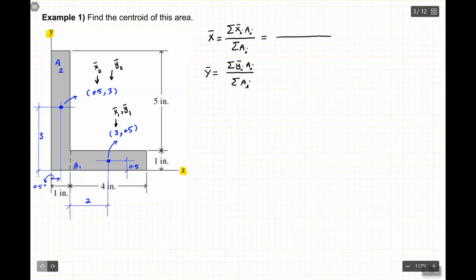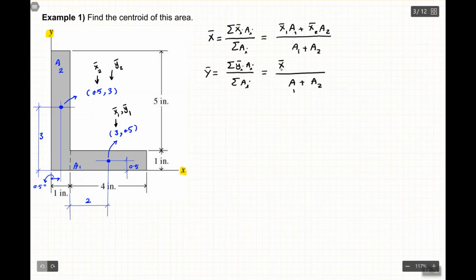Here we break it down into two areas, so we have A1 and A2. So then x bar is going to be x bar 1 A1 plus x bar 2 A2, divided by A1 plus A2.